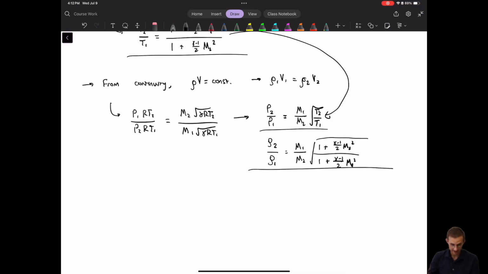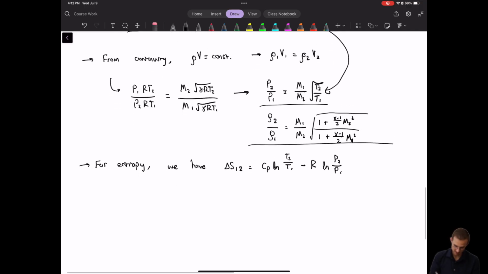And then we can also look at the entropy. Right, so for entropy, we have that the change in entropy from states 1 to 2 is equal to Cp times the natural log of T2 over T1 minus R times the natural log of P2 over P1.